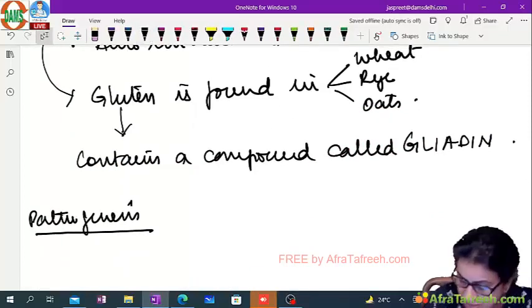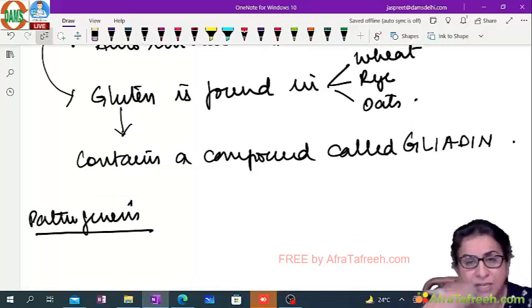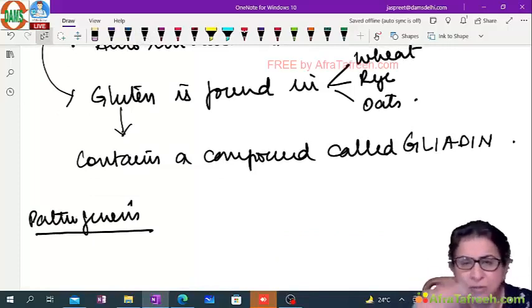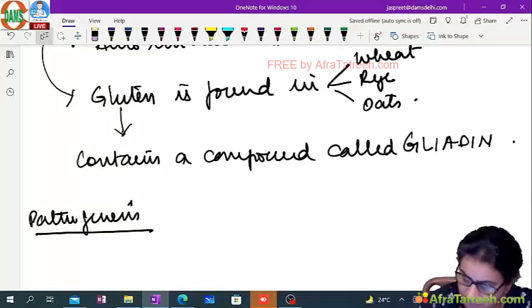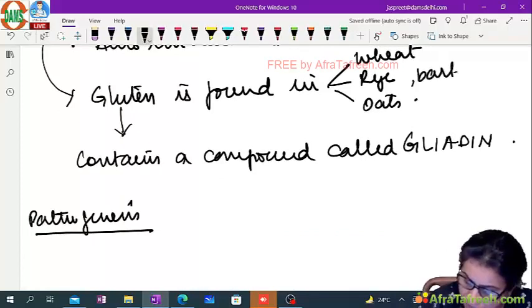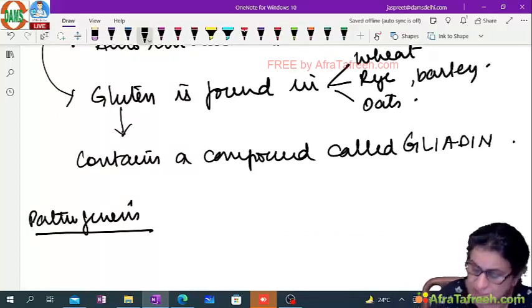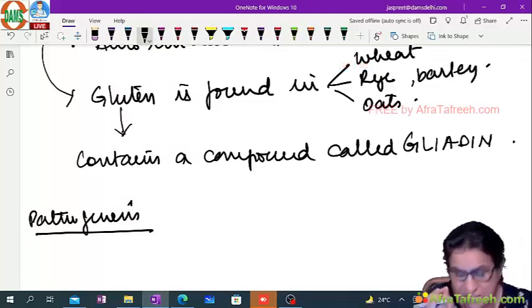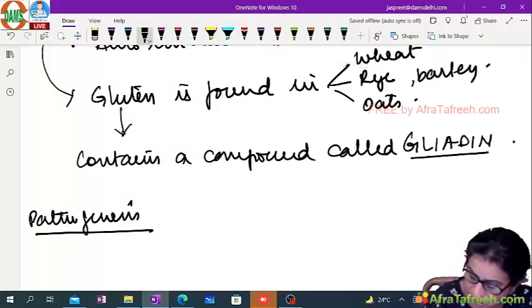Or celiac disease. Now normally, when we eat wheat or barley or rye or oats, in these grains there is gluten. Gluten contains a compound called gliadin.